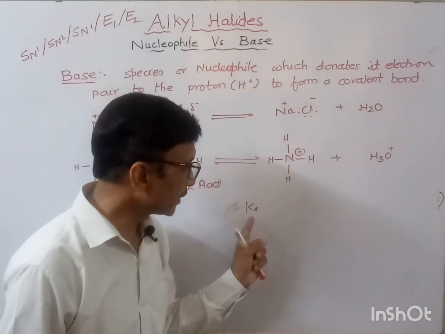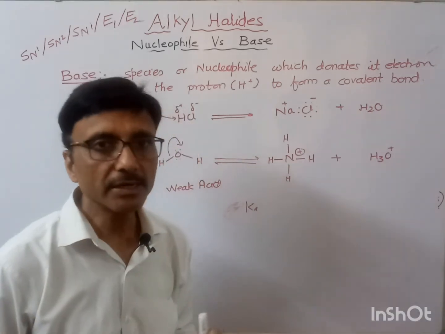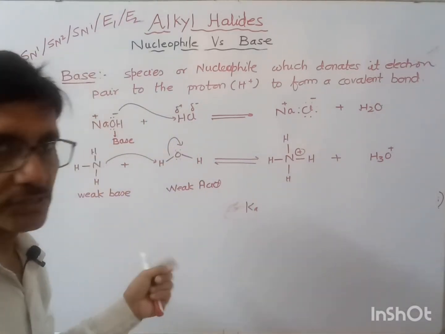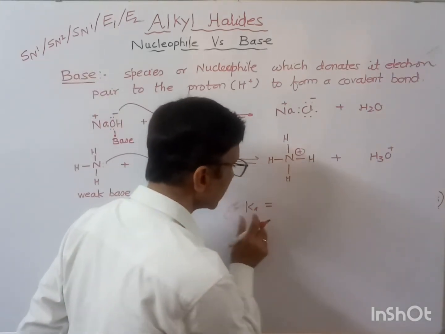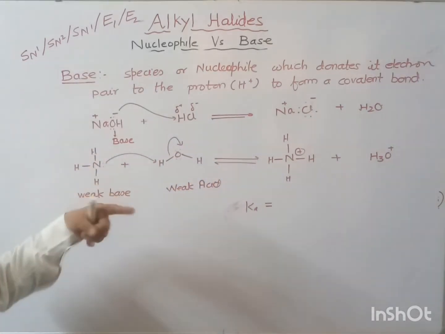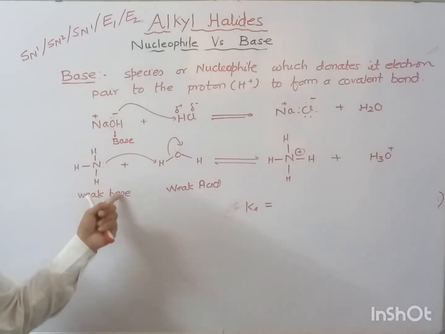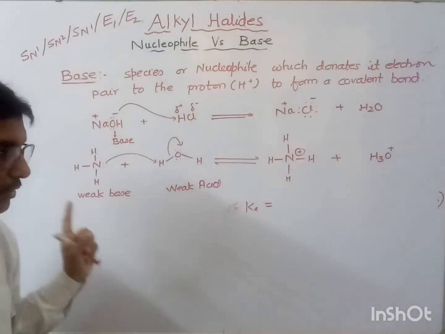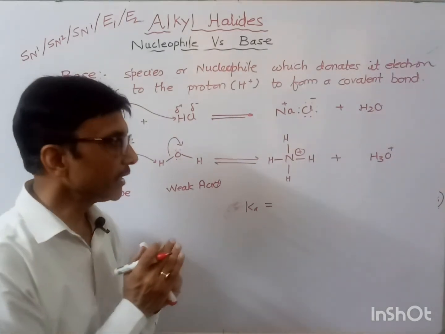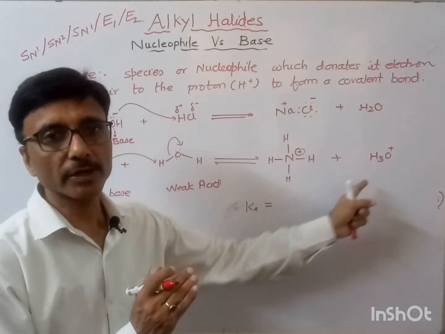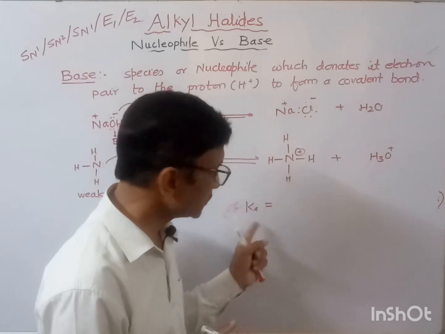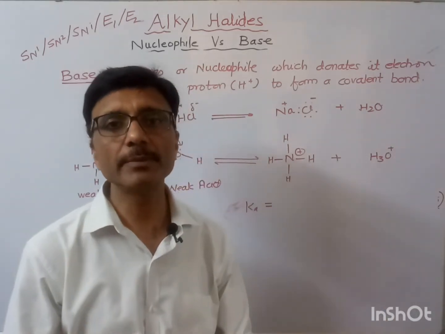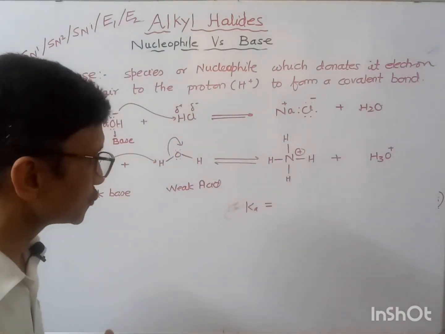That's why we can find the dissociation constant for this reaction, which is called Ka, or we may find the value of Kb. What is Ka? Ka is the concentration of products divided by the concentration of reactants. So from this Ka, we may find the value of Kb also.